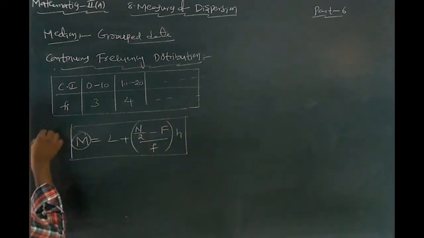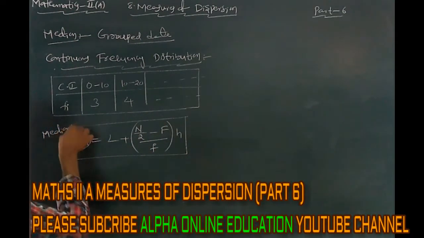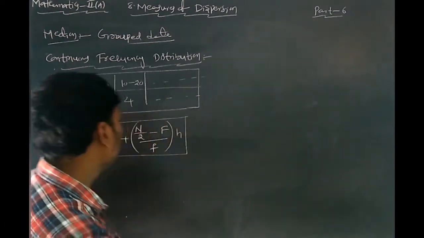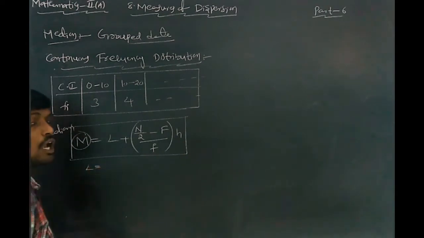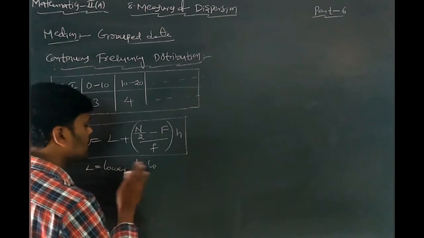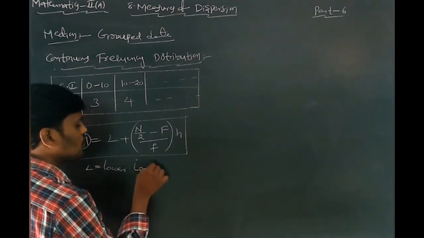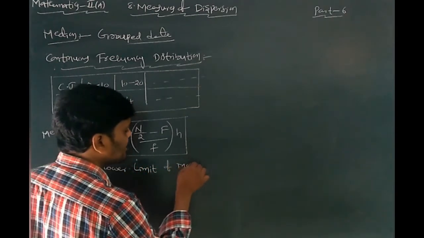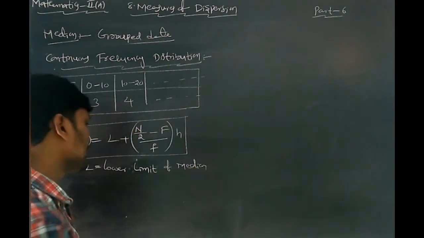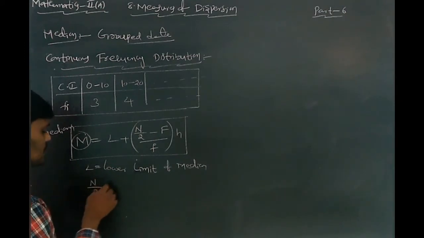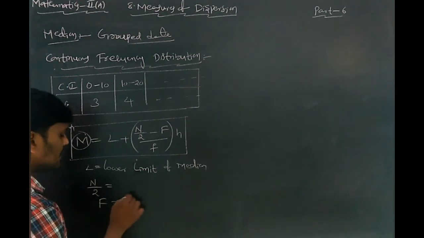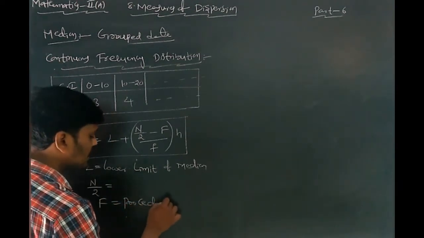Here M is the median. L is the lower limit of the median class. N by 2 is nothing but the sum of the frequencies divided by 2. F is the preceding cumulative frequency.